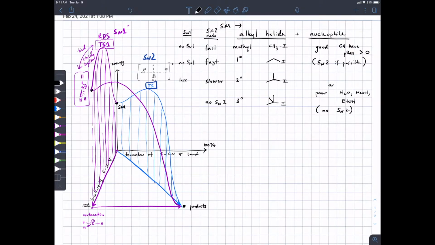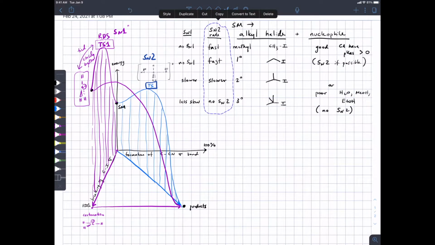It will still be slow for secondary alkyl halides and will be less slow for tertiary alkyl halides. What the heck am I doing here with slow and less slow? I don't want to communicate that SN1 reactions are ever fast, because they are not.